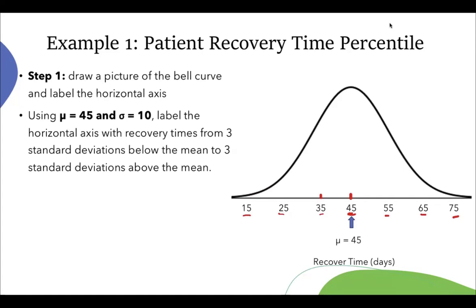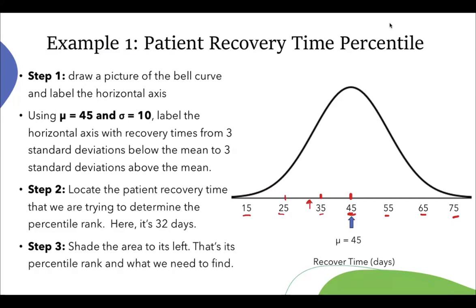If the particular patient that we're looking at has a recovery time of 32, that puts that patient over here, a little bit to the left of 35. So we're going to make a vertical line a little bit to the left of 35.